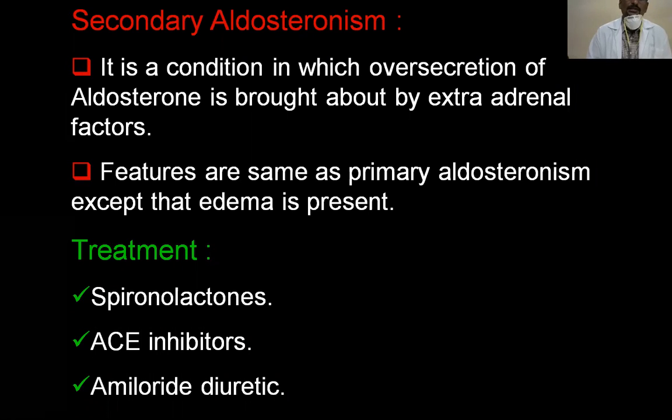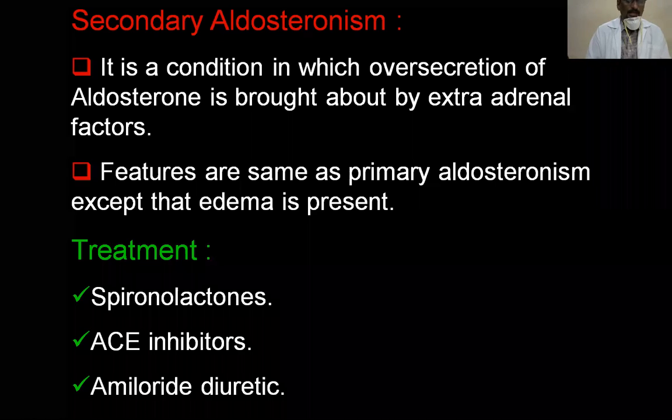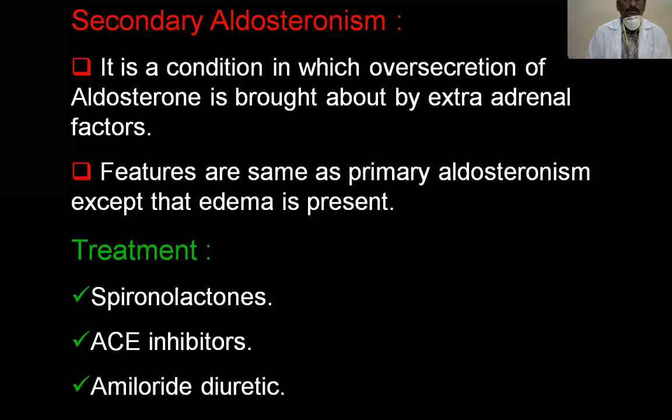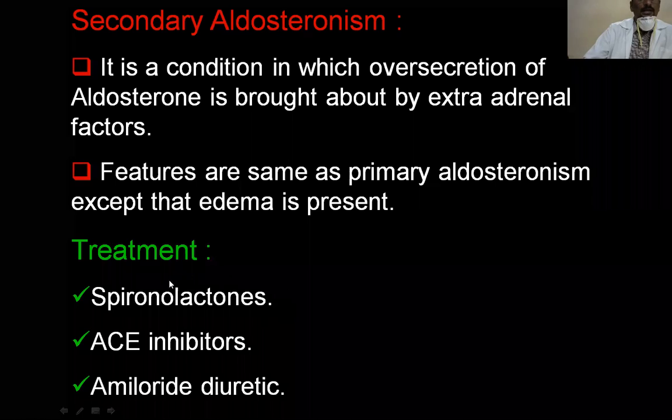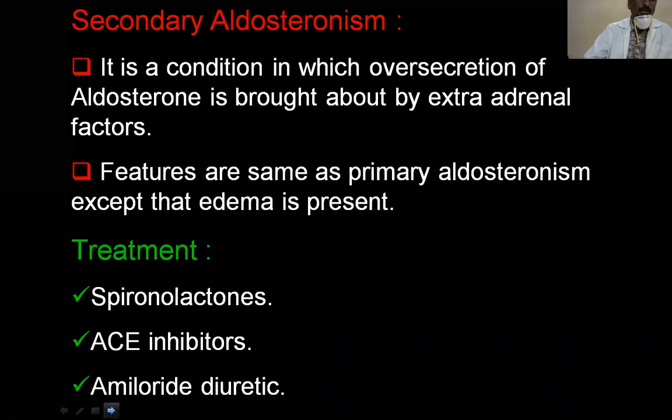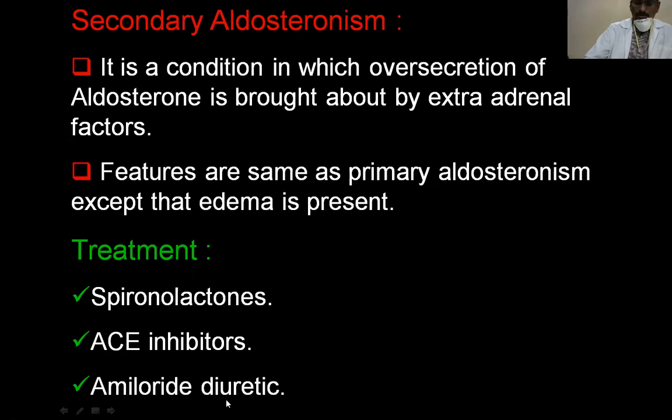With less angiotensin 2, there is no activation of its action on the glomerular cells, as well as its action on the thirst center, which will be withdrawn. So secondary aldosteronism will be treated using ACE inhibitors, as well as potassium sparing diuretics such as spironolactone and amiloride.